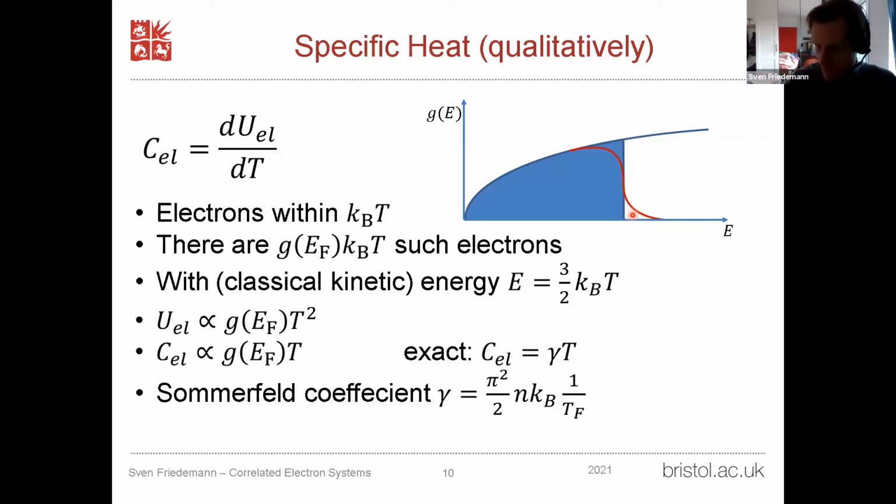Now, this is important because one can see, and of course numerically derive, what that means for the specific heat. The range over which this Fermi-Dirac function smears out the states at the Fermi level is proportional to the temperature.